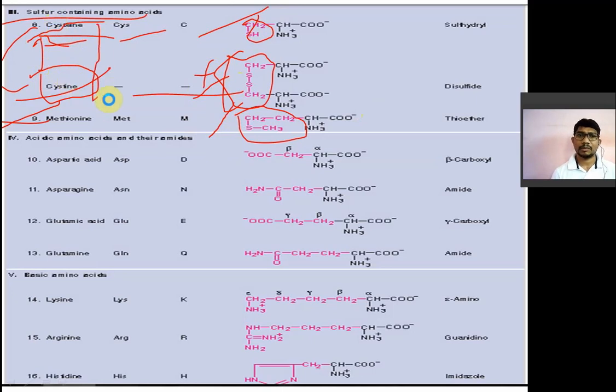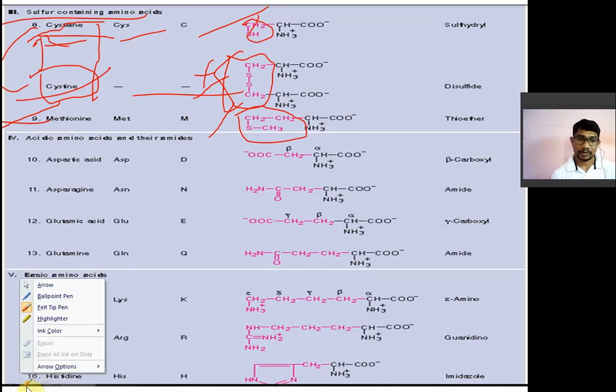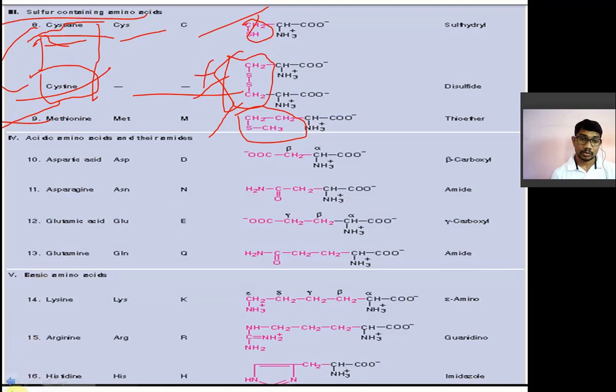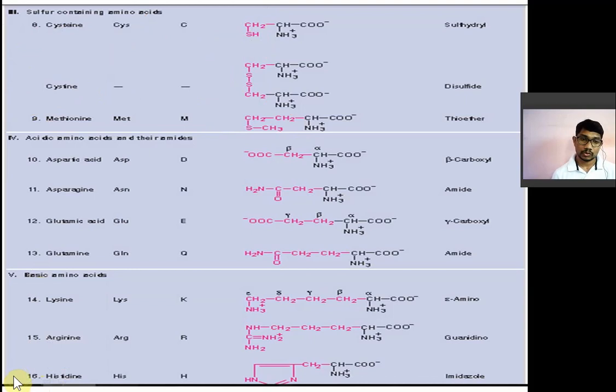That's why in case of paracetamol poisoning, N-acetylcysteine is used as an antidote, and that will increase the glutathione level in the body, and that's how the toxic metabolite of paracetamol will be conjugated. So N-acetylcysteine is an antidote for paracetamol, and methionine is also an antidote for paracetamol.